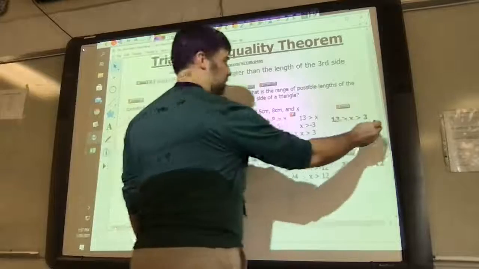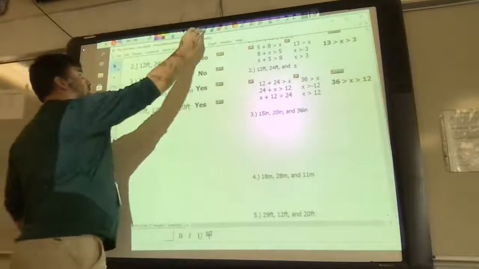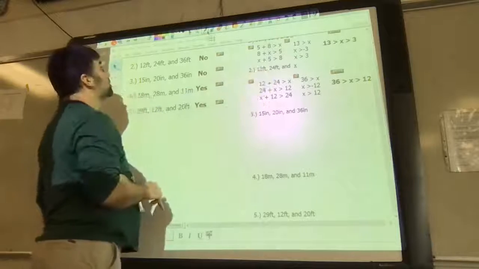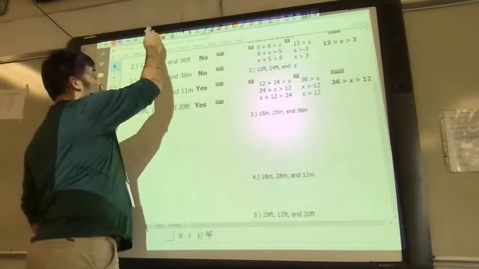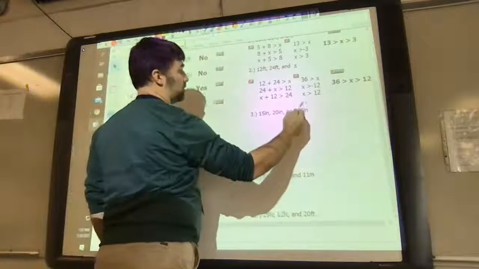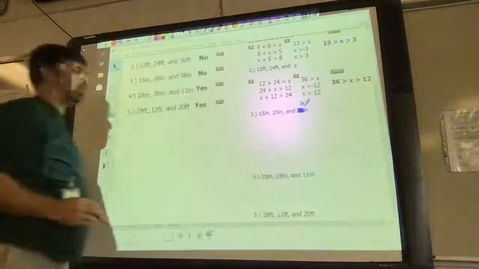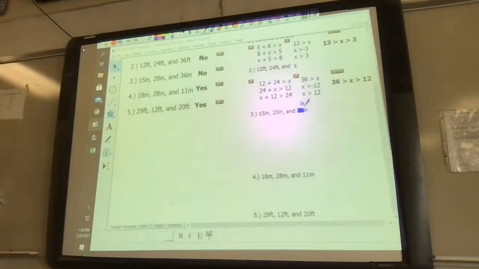So let's say we do number 3. Instead of writing all this mess, let's go shortcut. Oh, and I messed it up. Let's put an X there. So what could that third side be? What range?